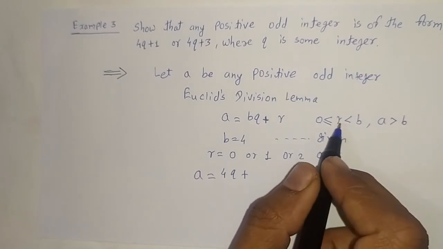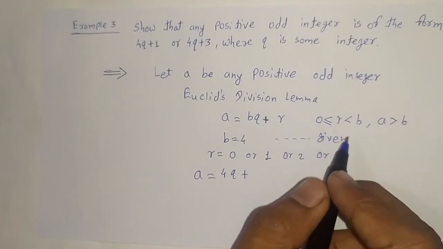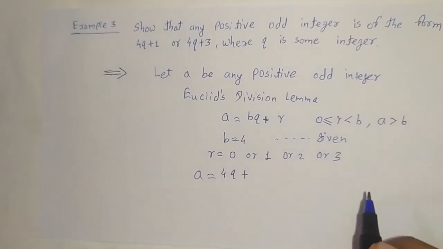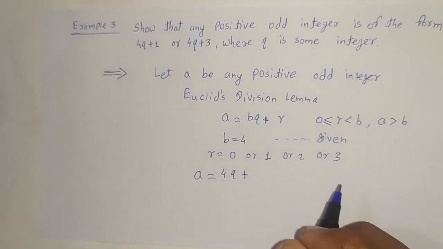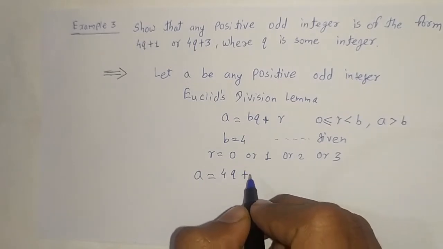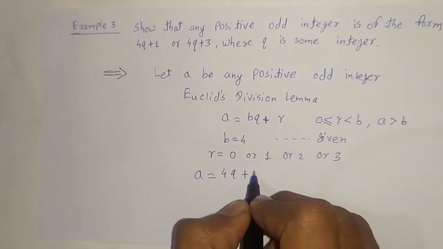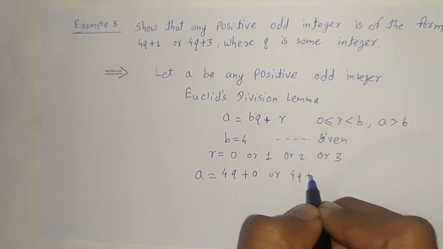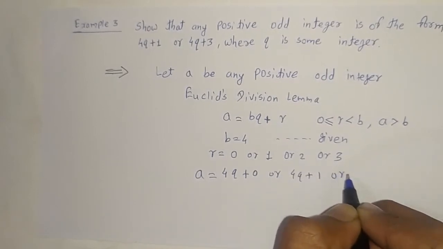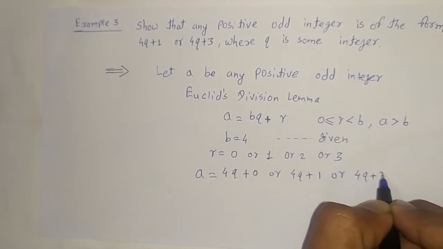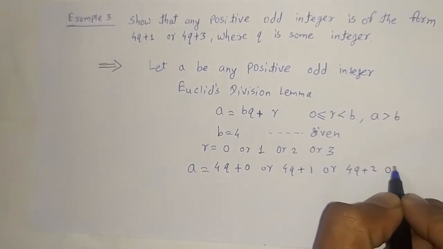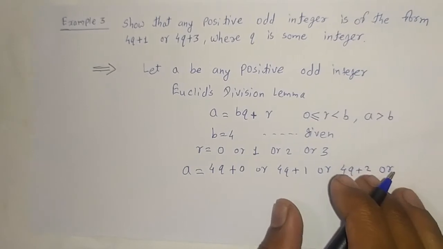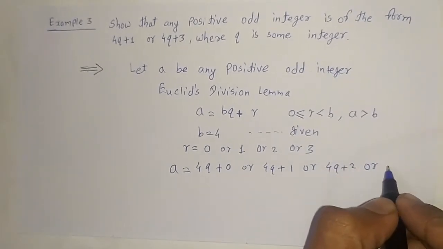Not 4, it has to be less than b. So it will be 3 only. It can take only integer values. So a can be 4q plus 0 or 4q plus 1 or 4q plus 2 or 4q plus 3.